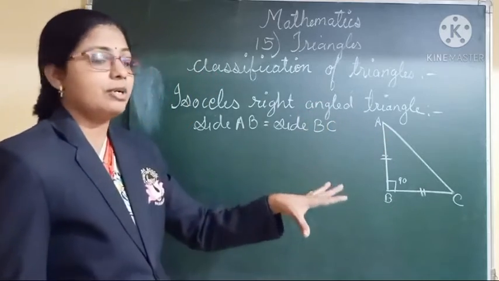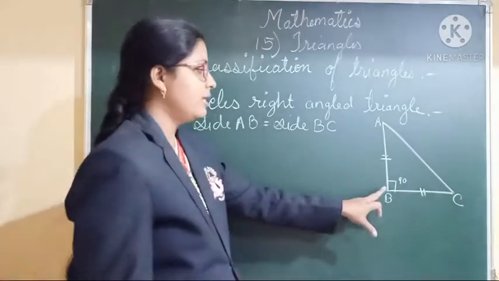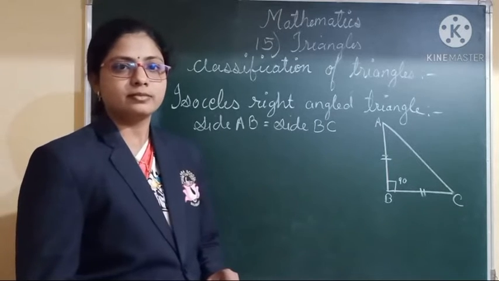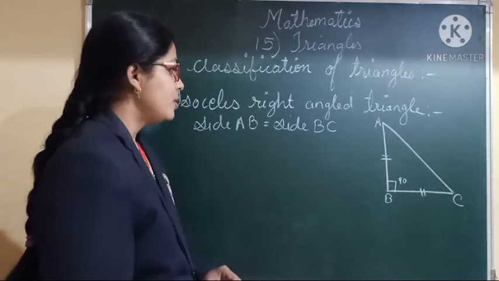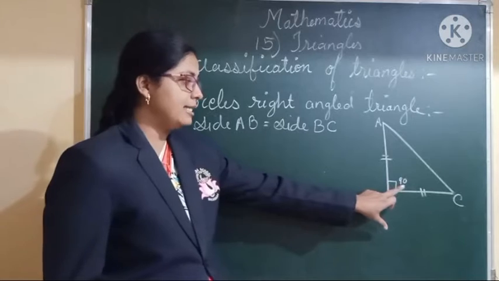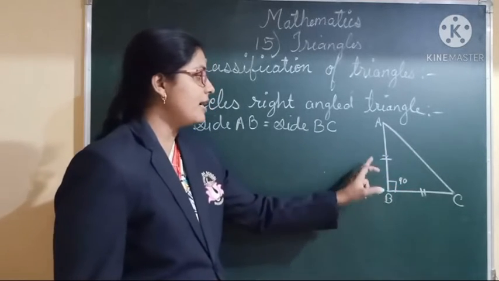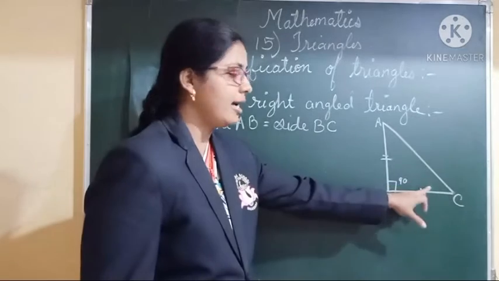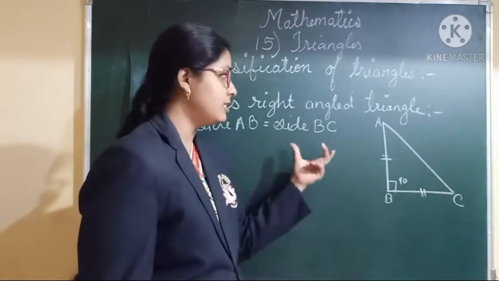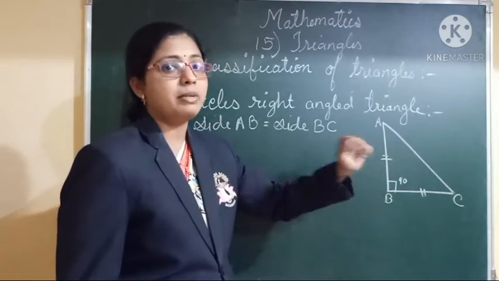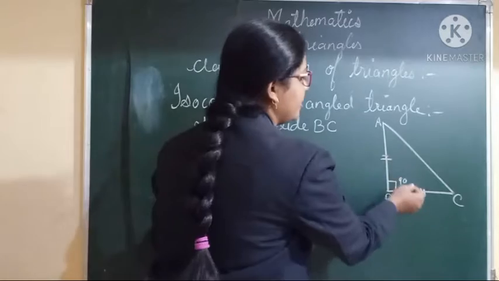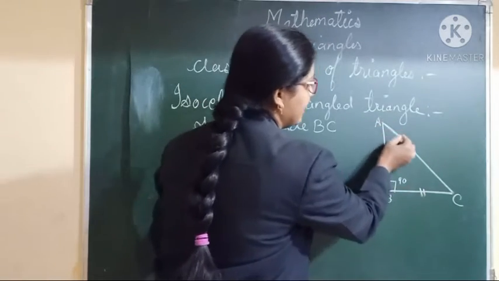Now, if in the diagram one angle is given as 90 degrees, and it is said to find the other base angles of this triangle, how will you find the base angles? These are the two sides which are equal, so the base will be this.